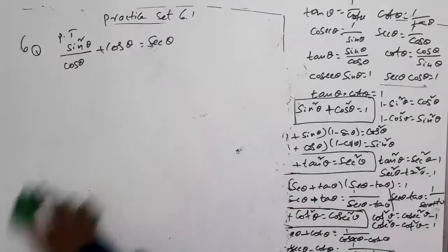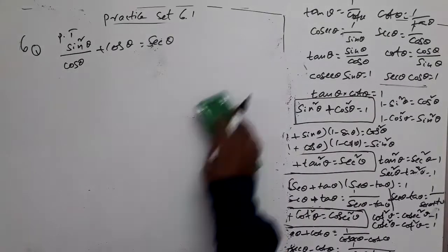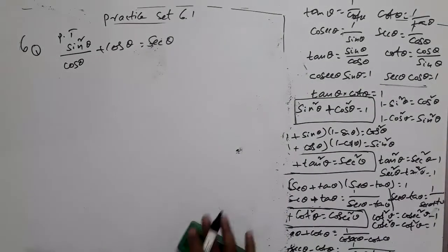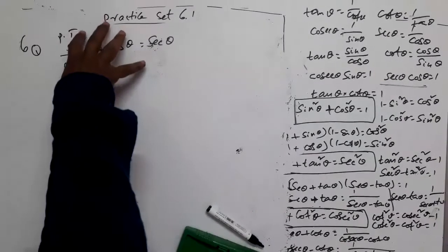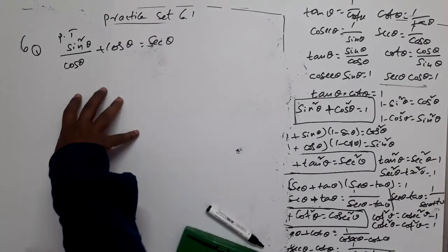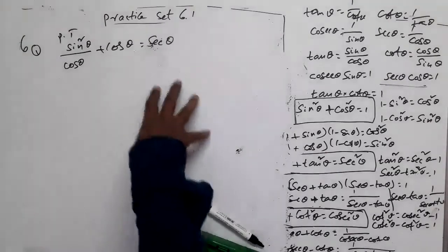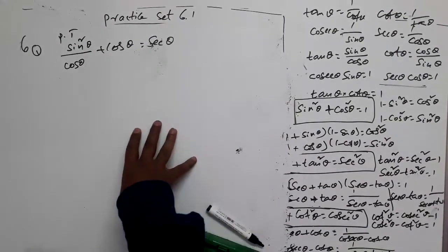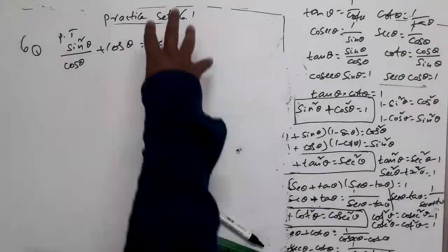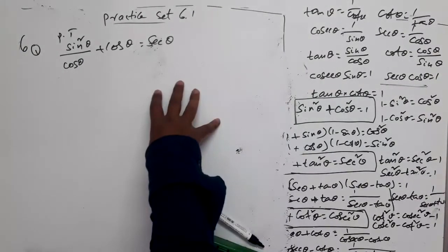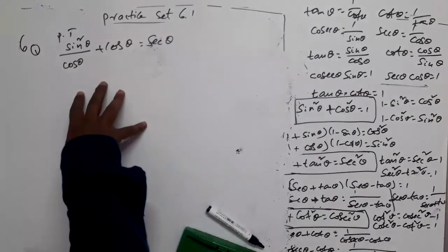Yes, you are supposed to prove this, right? In this type of question, you can follow three methods. First method: start at the left hand side part, LHS, simplify, and bring the RHS. Second method: start at the right hand side part, RHS, simplify or modify, and bring the left hand side part.